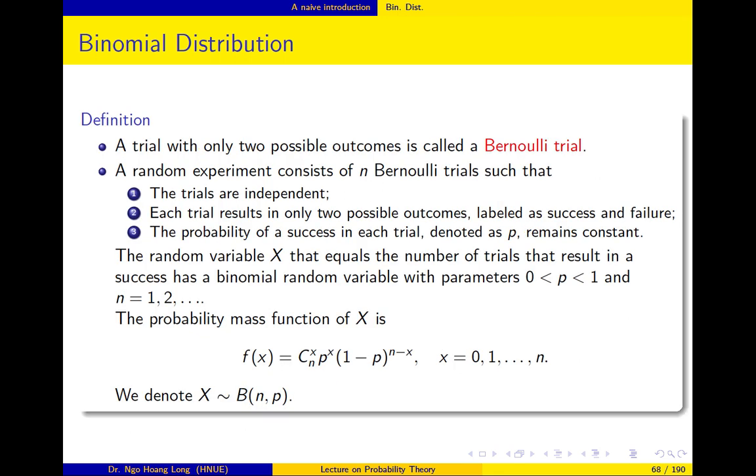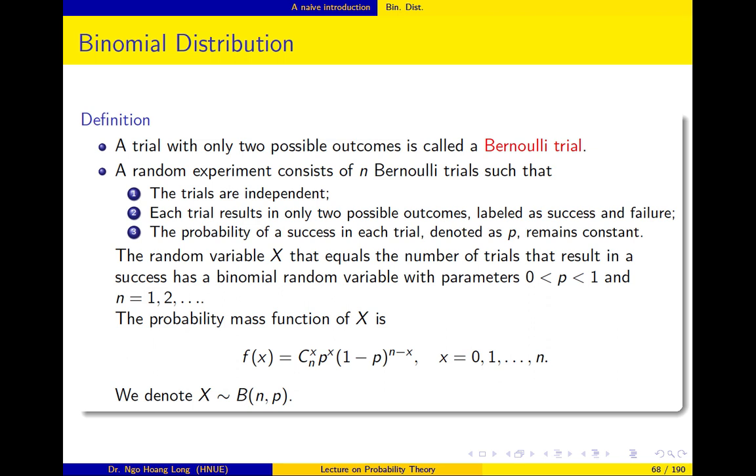So in general, we have the following definition. A trial with only 2 possible outcomes is called a binary trial. So for example, we have male or female, we have failure or success, we have pass or fail when you take an exam. So there are only 2 possible outcomes.